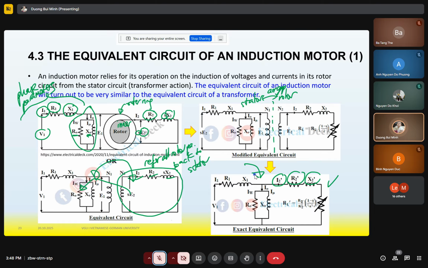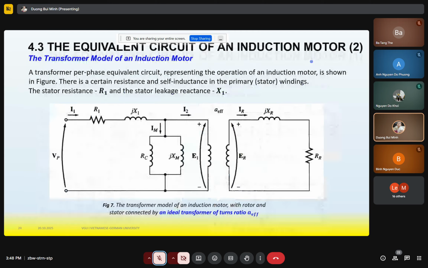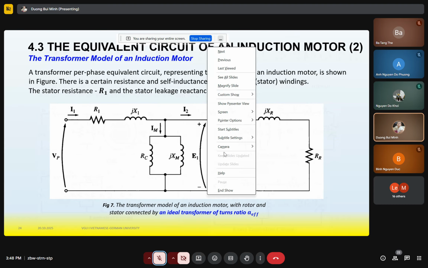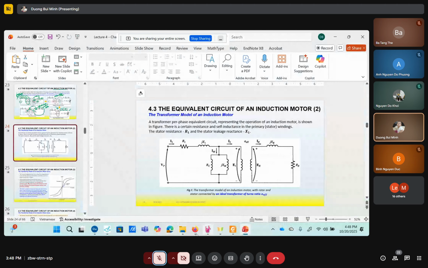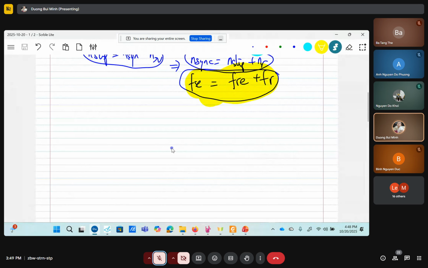Coming from these ideas, we need to develop the equivalent circuit for induction motors. Now, we have some parameters you need to remember.